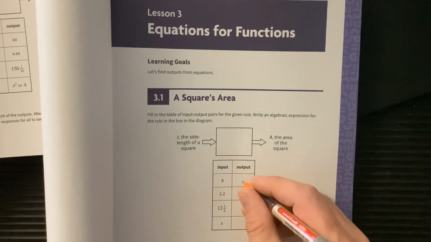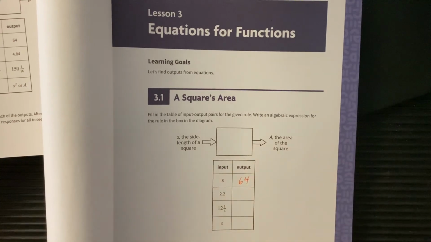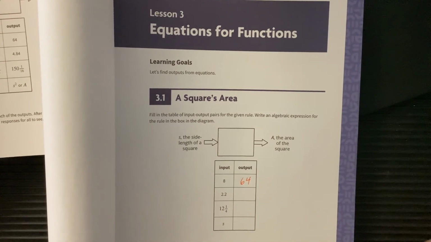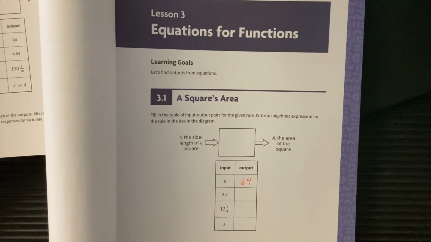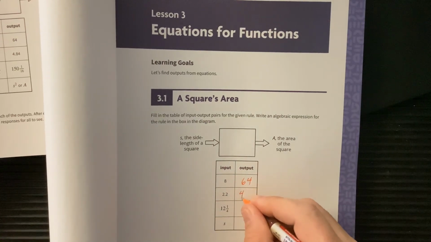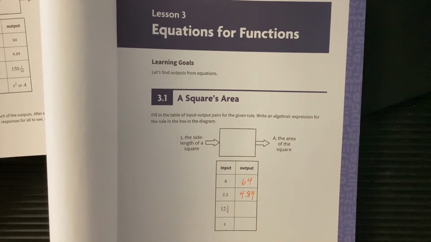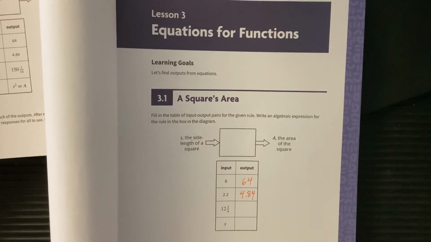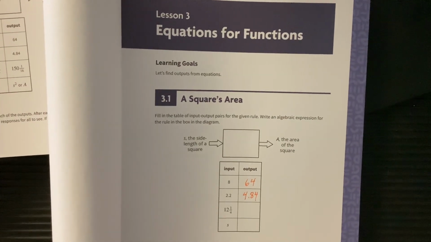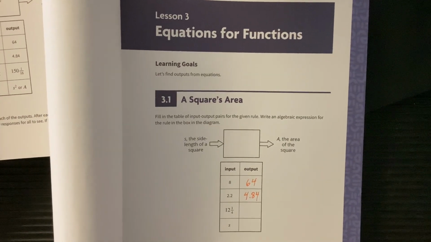Like 64 is correct. 8 times 8, 8 squared. Okay, how about 2.2? 2.2 times 2.2. Again, do it by hand or use a calculator. 12 and a fourth.